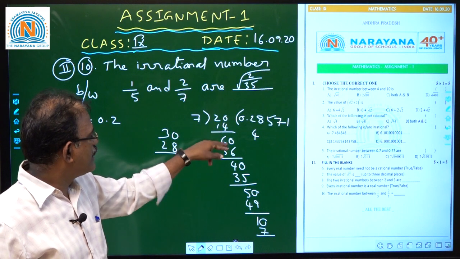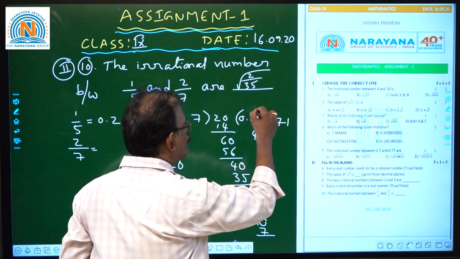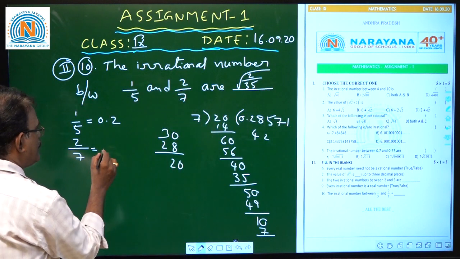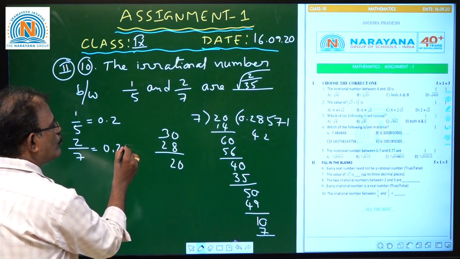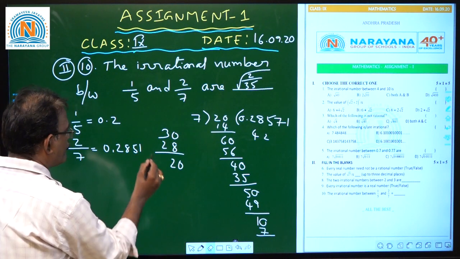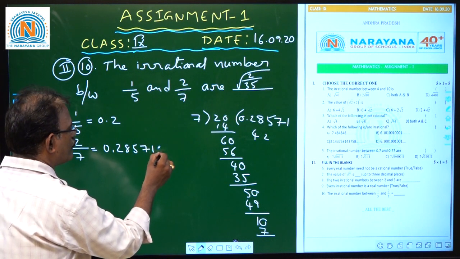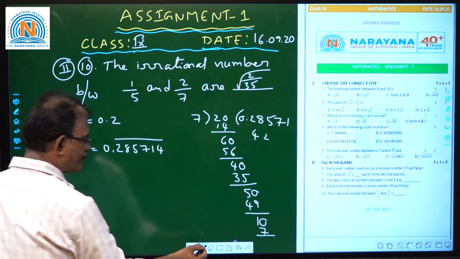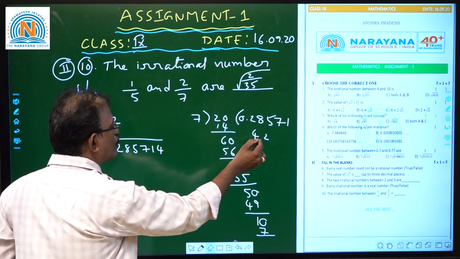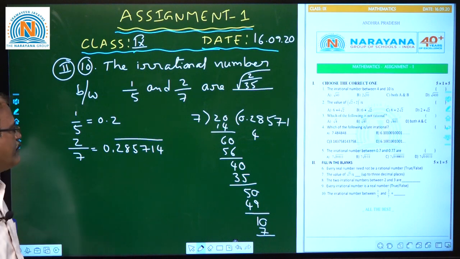That means it repeats, so 0.285714 bar. Okay, children. So when you apply normal division, we can do it in such a way.